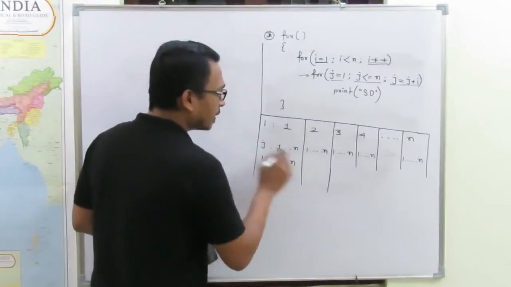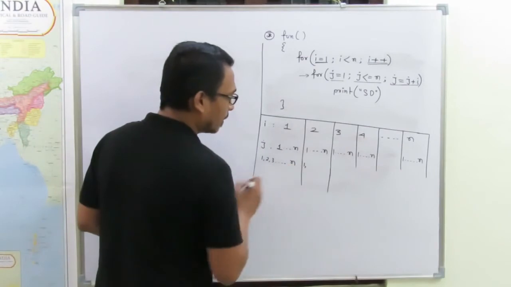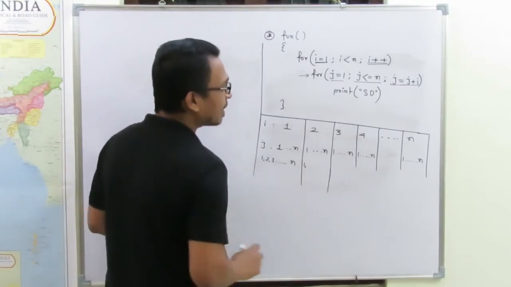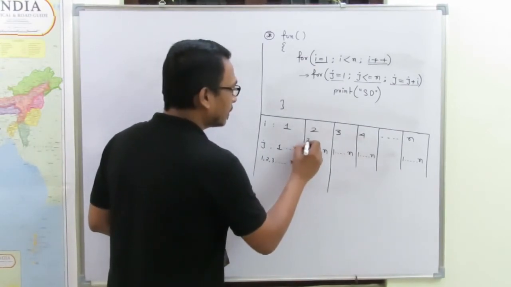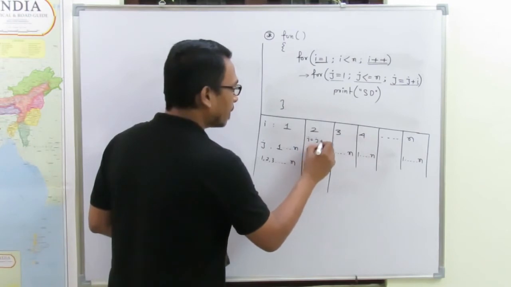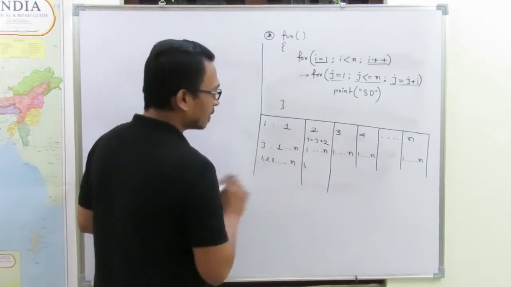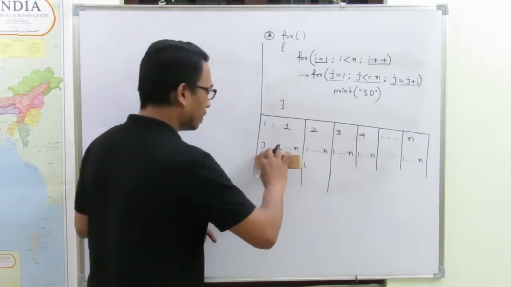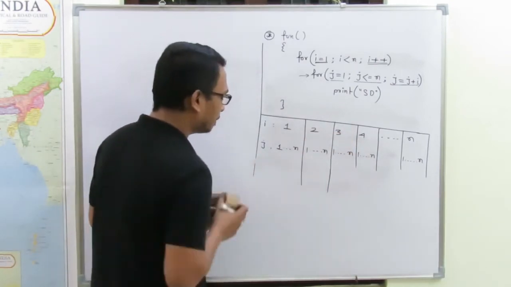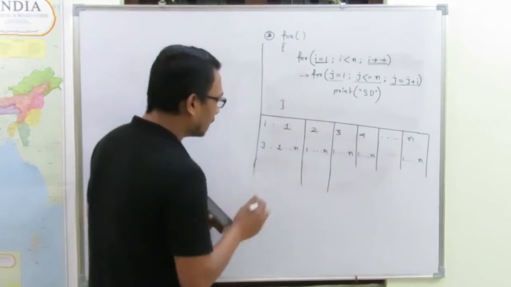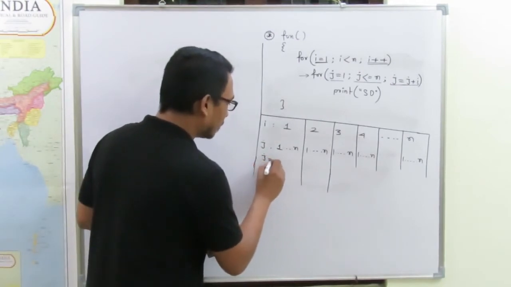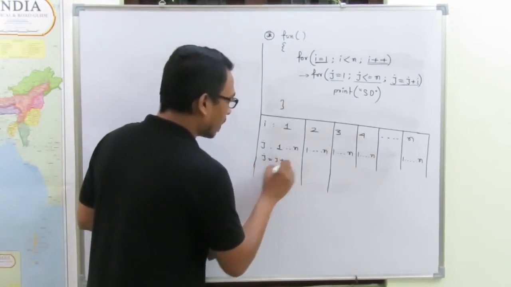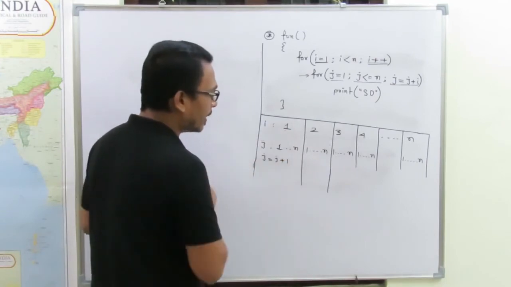But in this case, the sequence will be 1, and then each time incremented by j equal to j plus 2. Let's do it below. Here the value of j is changed like j equal to j plus 1, because the value of i is 1.